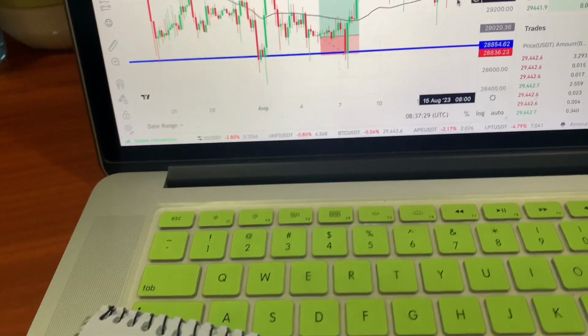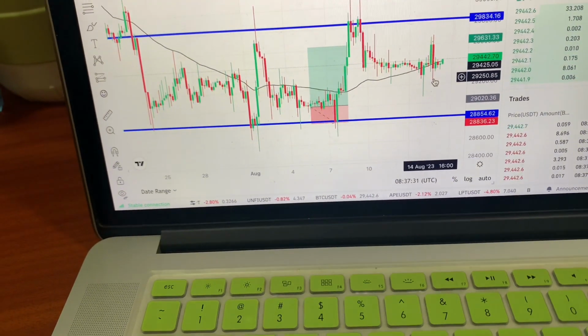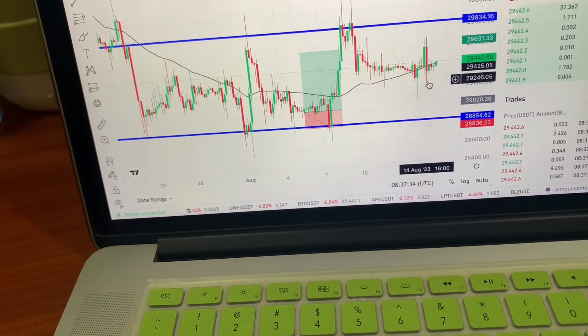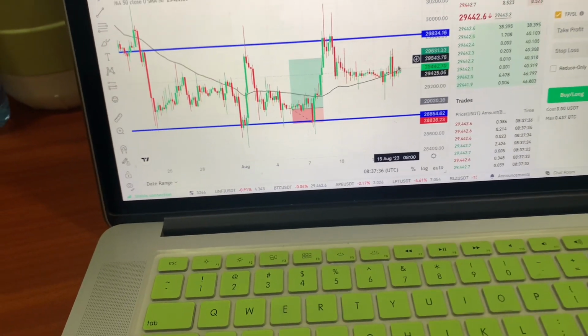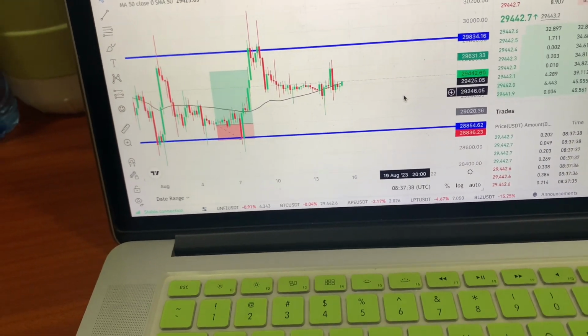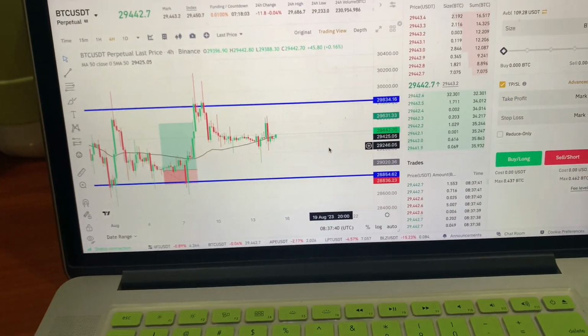Then our stop loss will be the nearest support level, that is about $29,246. So let's use our price prediction tool and calculate the risk reward ratio of this trade.